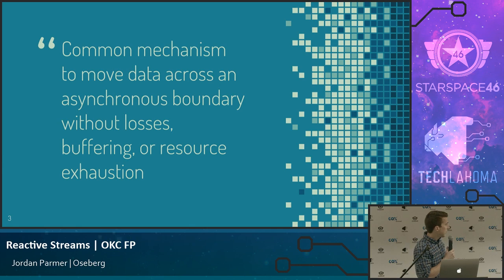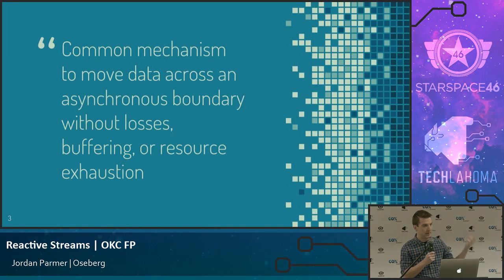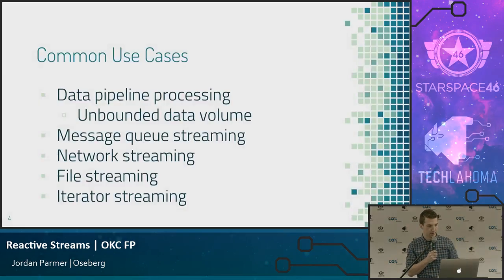Reactive streams is not a single technology; it's a spec that came out that different technologies can implement to solve some of these problems. Some of the common use cases: it's really ideal for data pipelines.